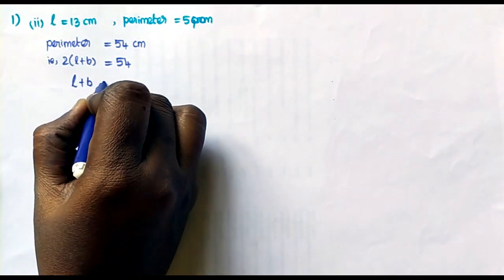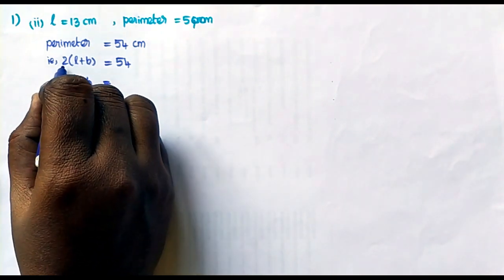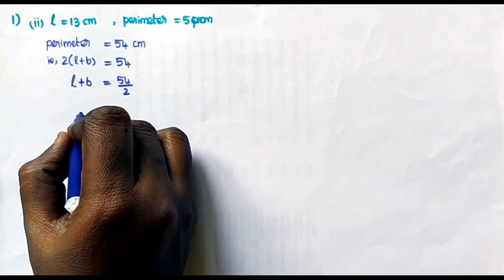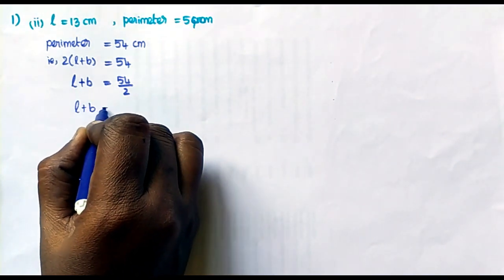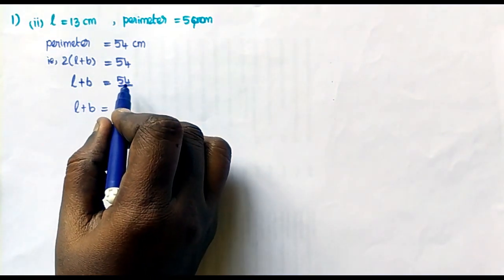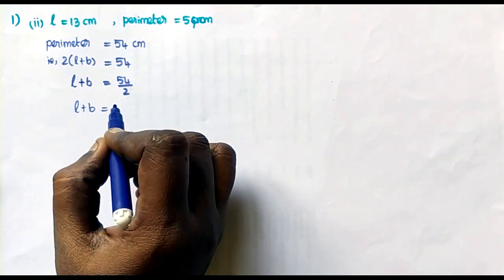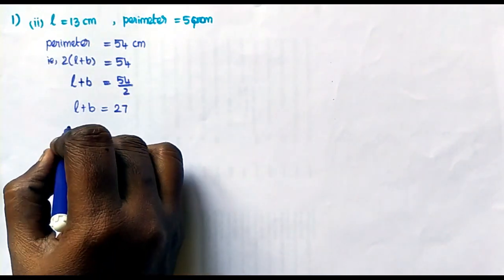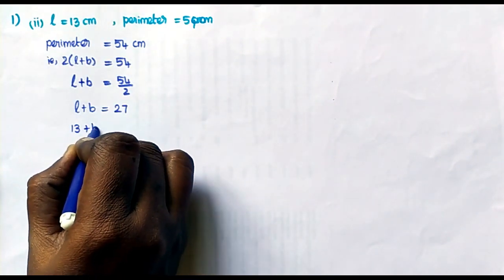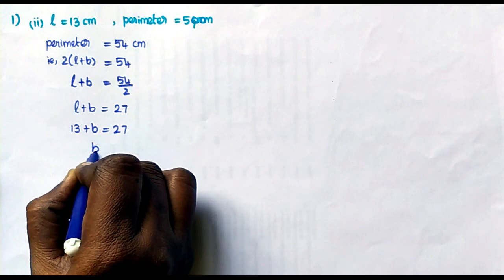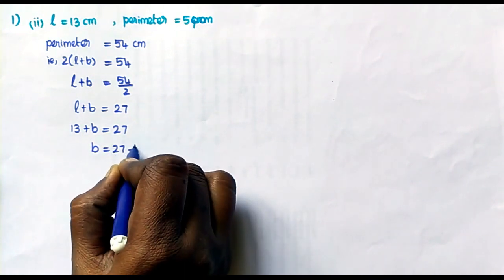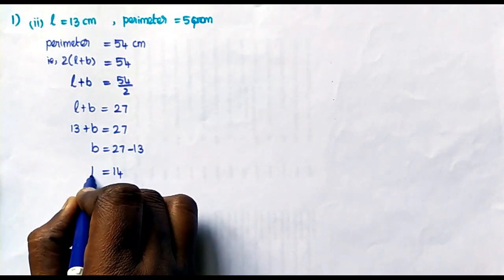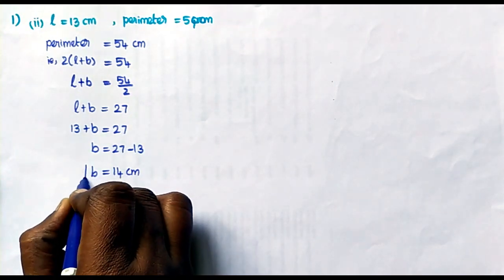Now keep L plus B here. 2 is in multiplication. Bring this side, means 54 divided by 2. That is L plus B equal to 54 by 2, that is 27. Now L we know is 13, so 13 plus B equal to 27. So B equal to 27 minus 13. That is 14. B equal to 14 centimeter.